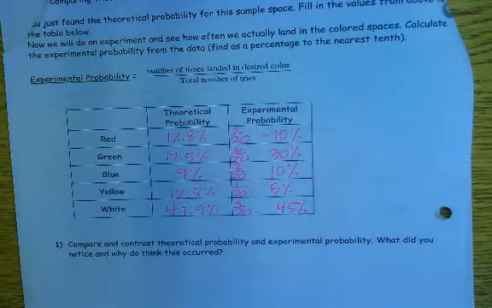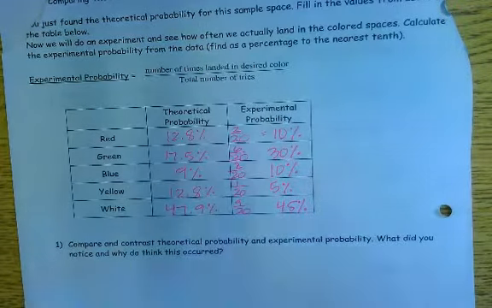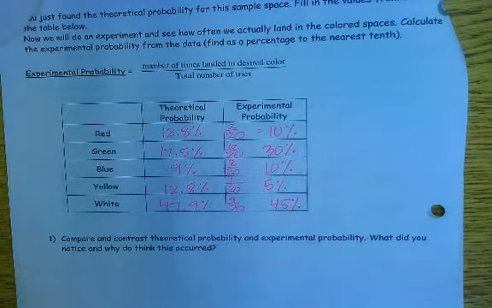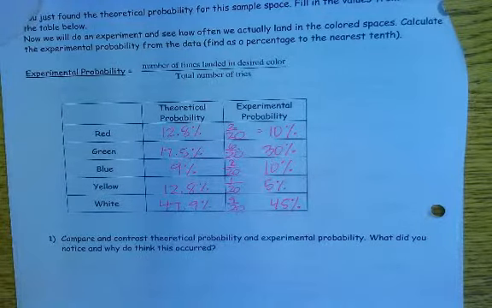What did you guys find? So some of you found that you're close, some of you found that you're pretty far away. So this is how theoretical and experimental probability work. I'm going to use this little spinner up here to use as an example.